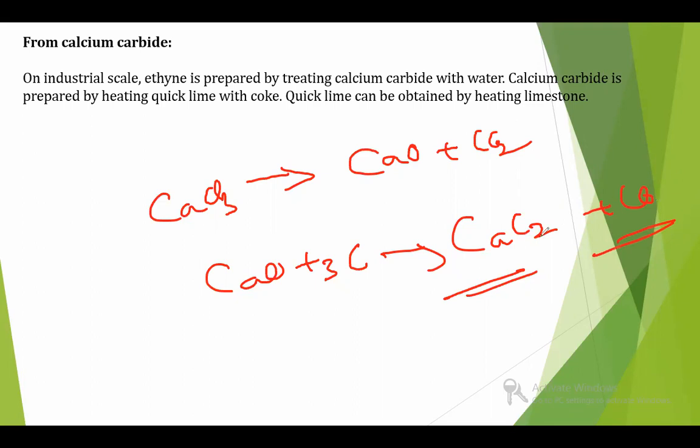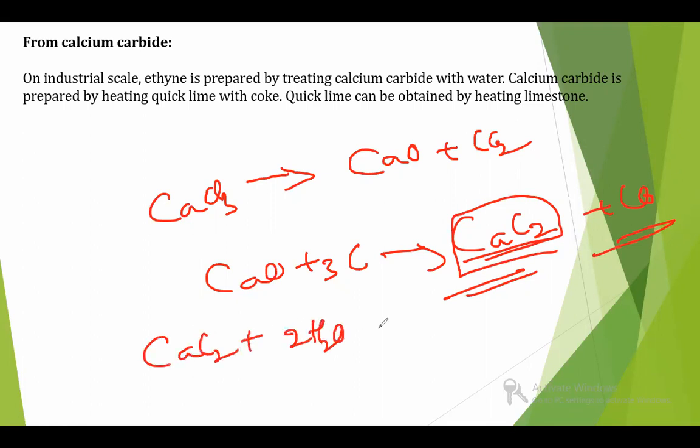This calcium carbide, CaC2, is treated with water, 2H2O, giving the carbon-carbon triple bond compound, CH triple bond CH, with the formation of Ca(OH)2, calcium hydroxide. This is the industrial method of preparation of alkyne, especially ethyne, a carbon-carbon triple bonded compound.